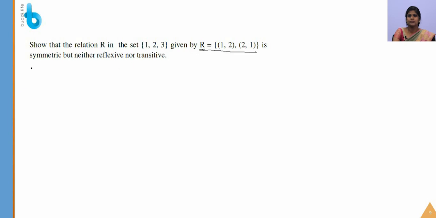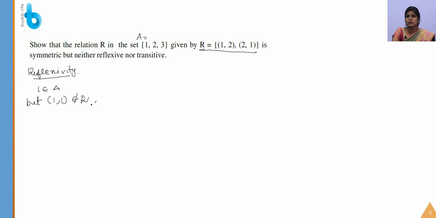So first we will check for reflexivity. What is the condition for reflexivity? For all a belonging to A, that is, instead of the general definition, we will take from this itself. 1 belongs to the set A, let us take this set as A. 1 is there in the set A, but (1, 1) does not belong to R. (1, 1) is not there in R, right?